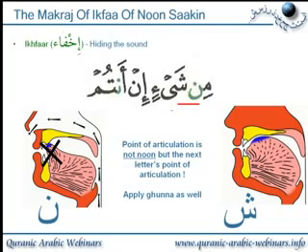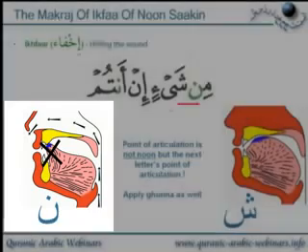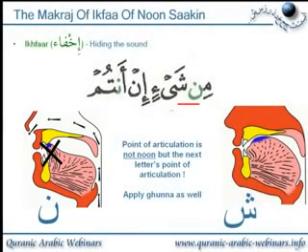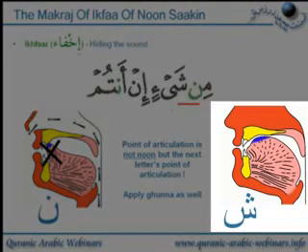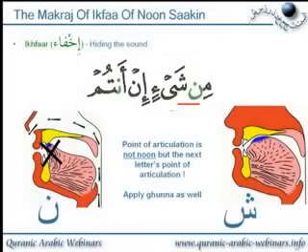So on the left, we do the nasalization in the nose, but our tongue is not going to where we'd normally put it for noon. We already have it in the position for the sheen on the right. Okay, so again that's min shay. It's very subtle, but a good teacher will be able to tell whether you're doing that right or not.